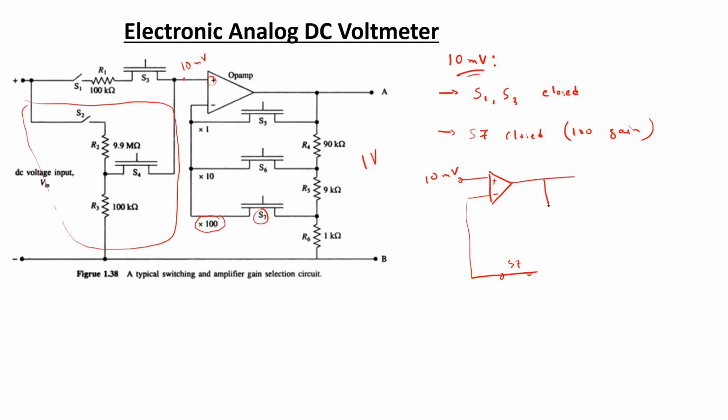So the resistances above S7, the summation of these two resistances, let me draw them as separate resistances. This is 90k, this is 9k, and here we have 1k.